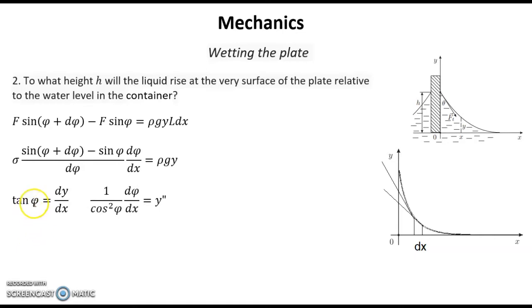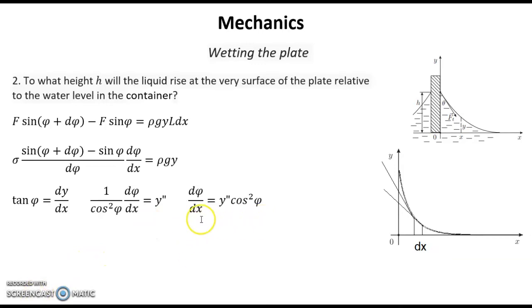We have a derivative of tangent by phi, that will be 1 over cosine square phi, and we need to multiply it by d phi over dx. And from the right part we have the second derivative of y. This is how we can express d phi over dx, and let's do this.